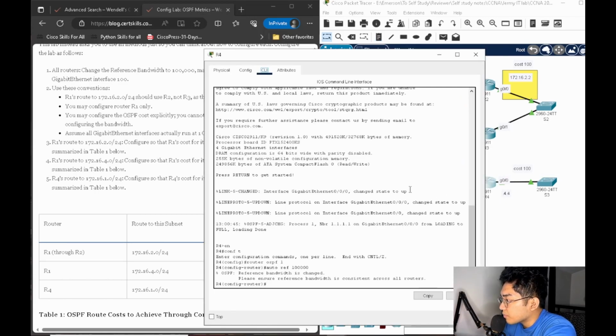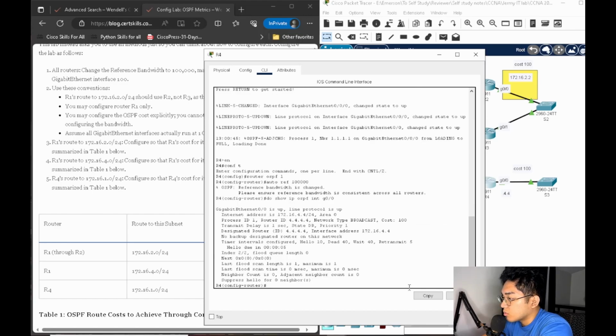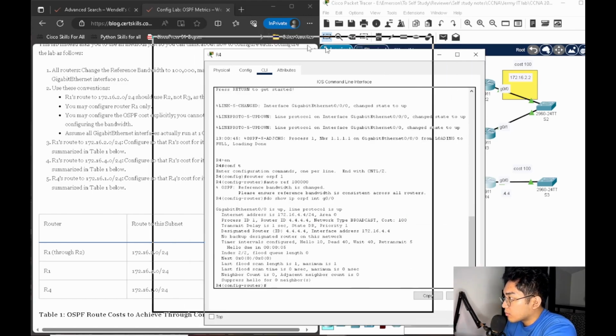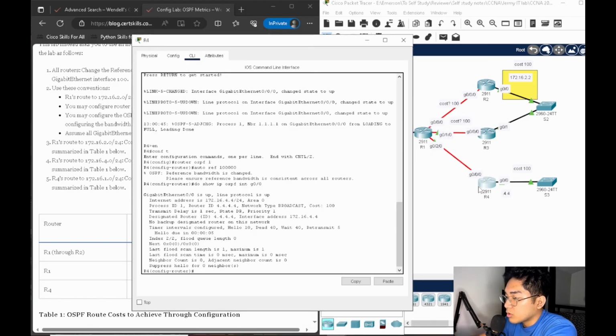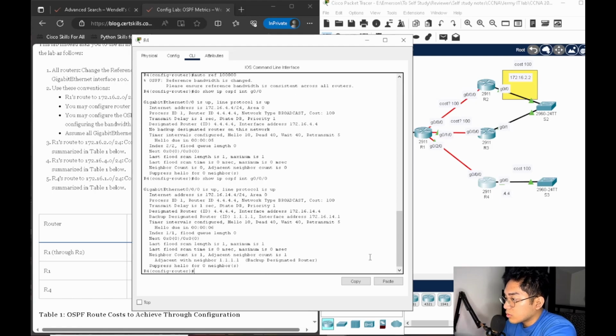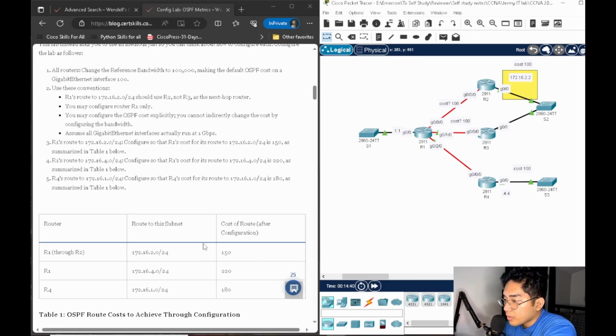Let's check with show ip ospf interface. Yes, 100.